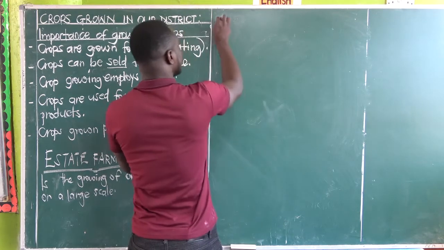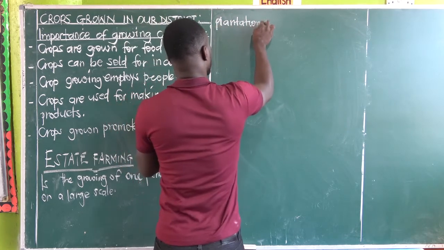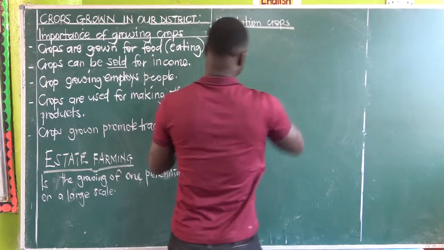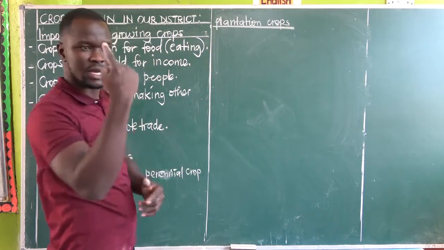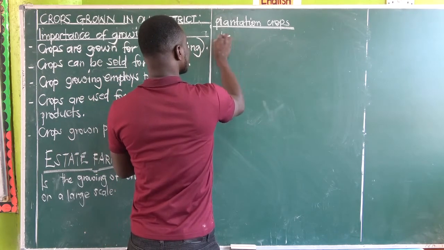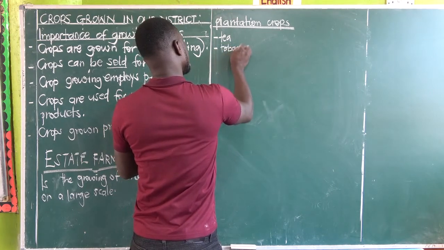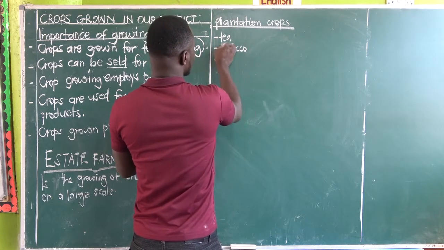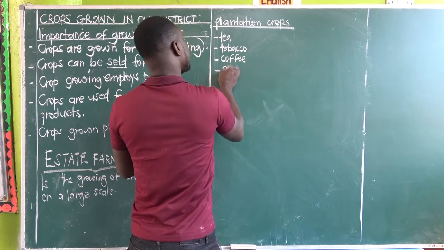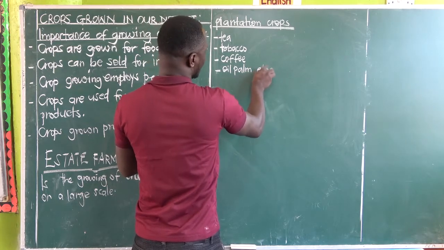We are looking at crops that can be grown as one single crop on a large scale. We have tea, tobacco, coffee, oil palm, and other crops.